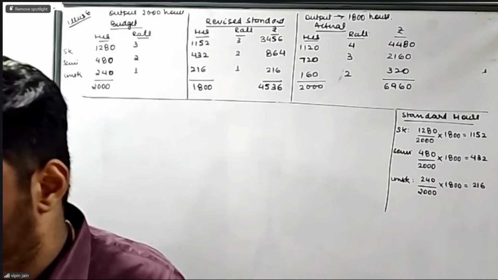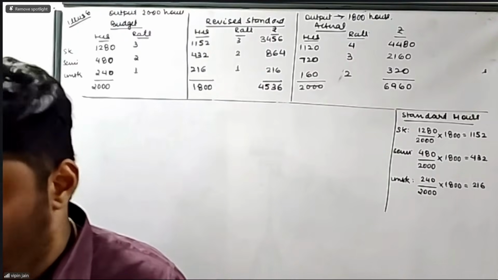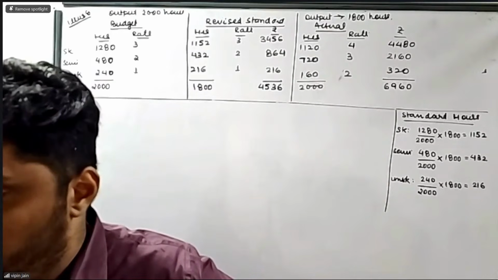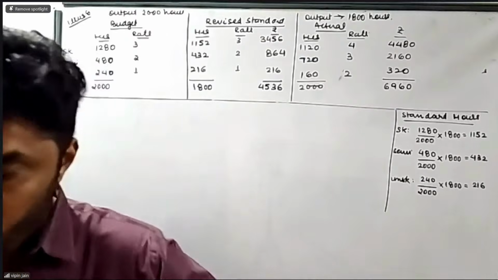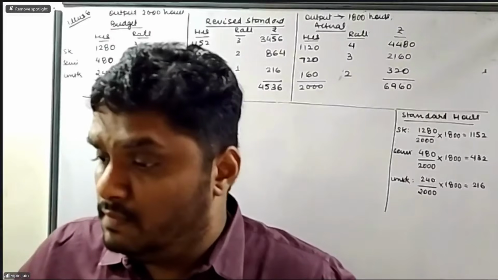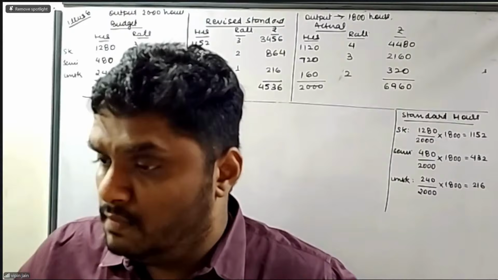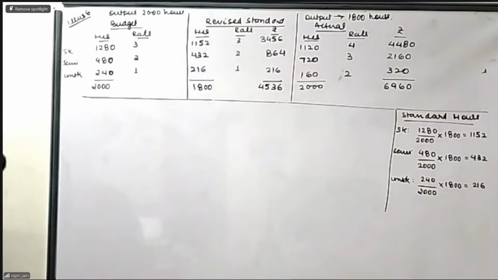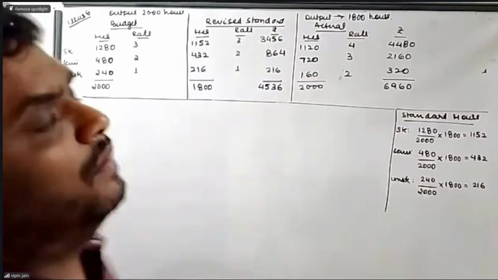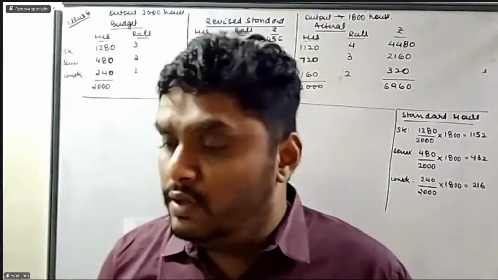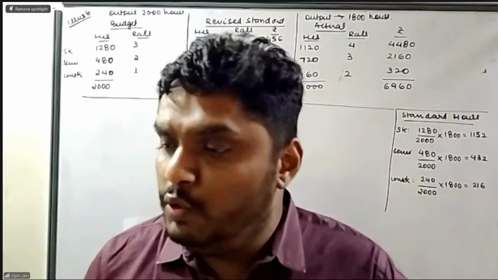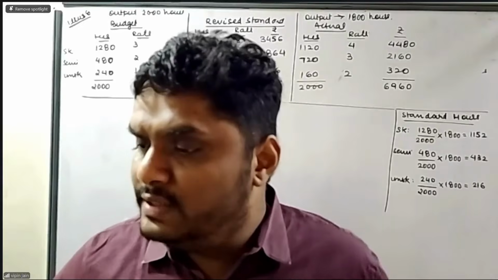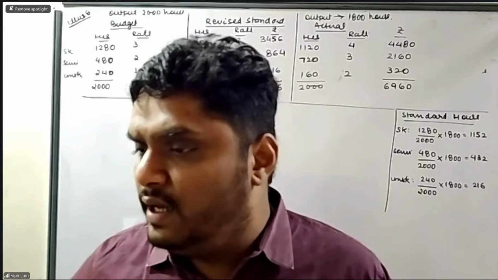The output is given in hours, and we have to calculate the revised standard using that output, assuming that the employees are working for 2000 hours, but they were able to generate an output of only 1800 hours. So herein, this is a unique question wherein the output, instead of in units, they have given it in hours only.